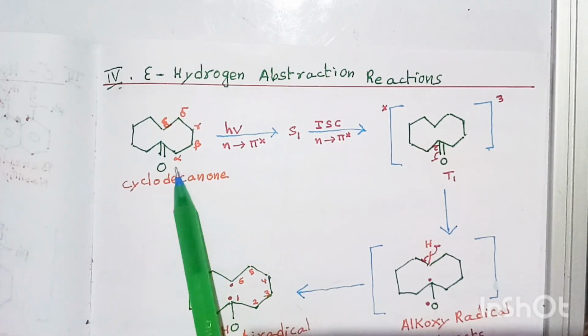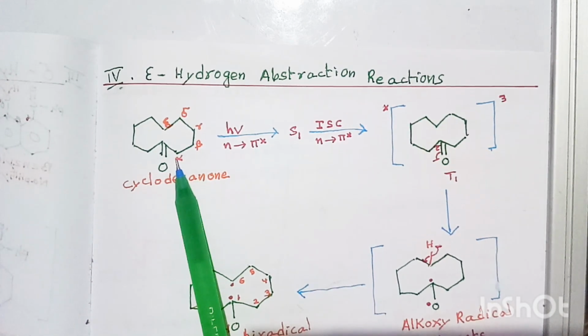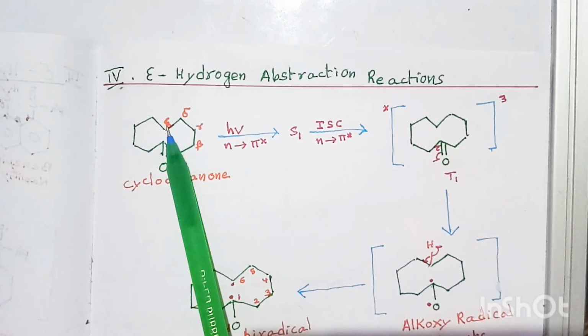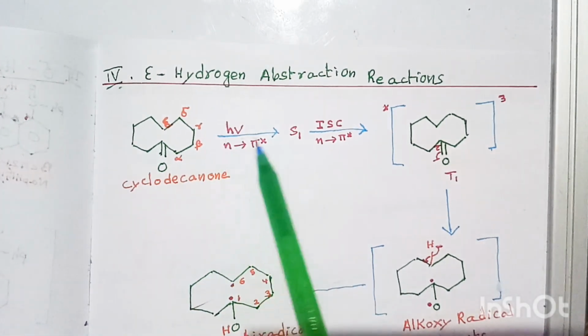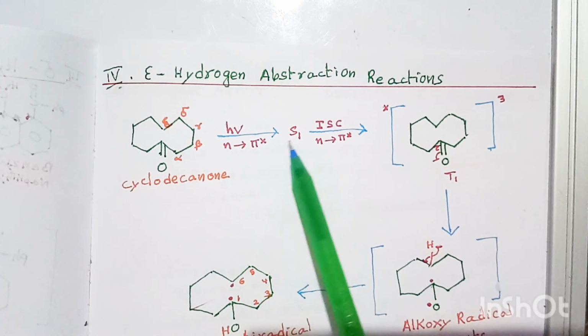Now let us name the carbon atoms. This is the alpha carbon, this is the beta carbon, this is the gamma carbon, this is the delta carbon, this is the epsilon carbon atom.